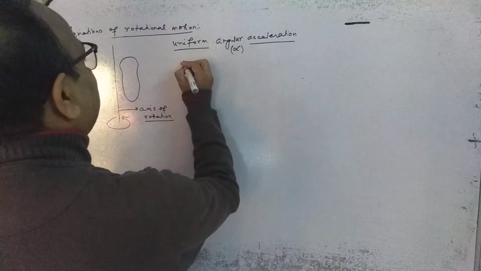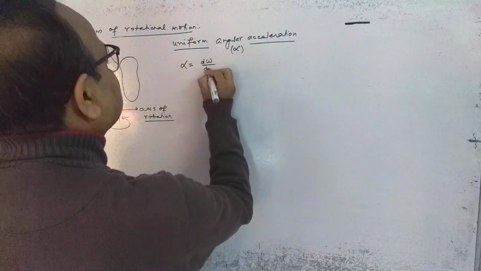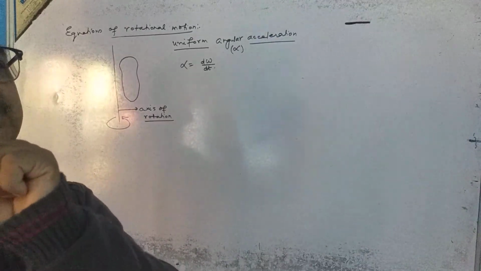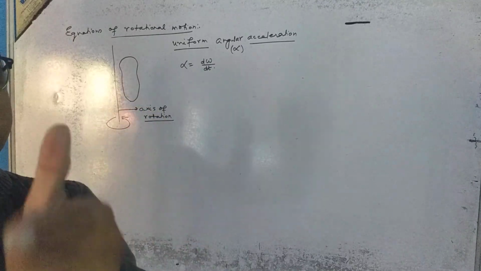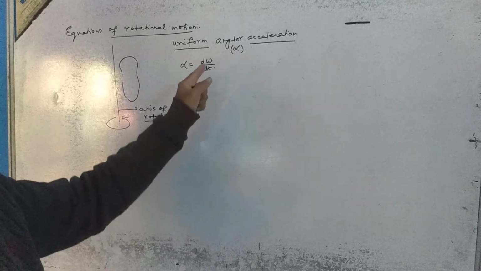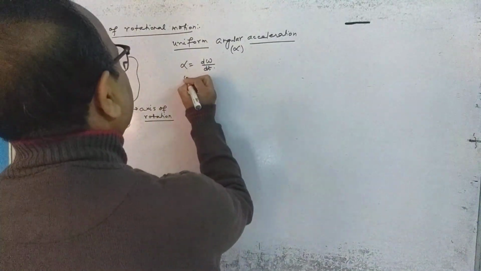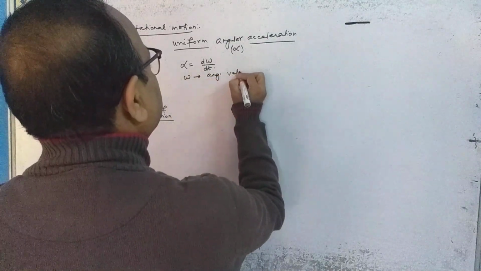That means alpha is equal to d omega by dt. Compare it with the translatory motion: a was the linear acceleration, that is dv by dt. Here it is d omega by dt. What is omega? Omega is the angular velocity.